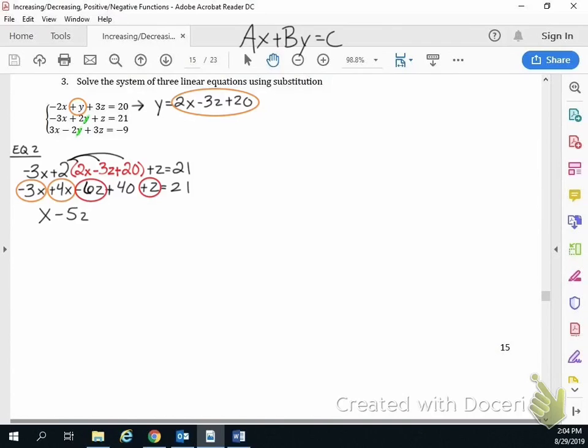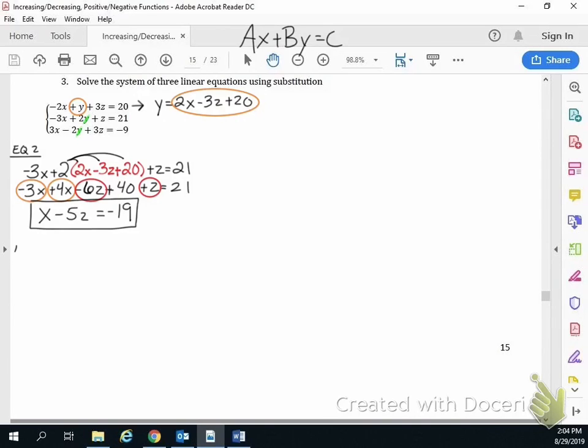A good rule of thumb on standard form: everything that has a variable needs to be on the left. If it does not have a variable, move it over to the right. So if I have a positive 40, how would I move plus 40? Subtract it. And 21 minus 40 is negative 19. So that is going to be one of my equations in this 2x2 system.